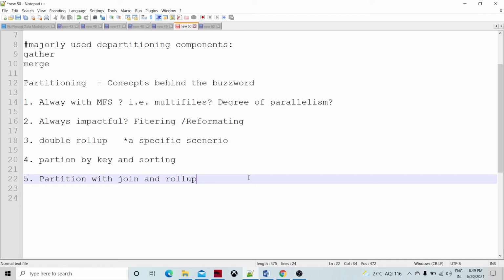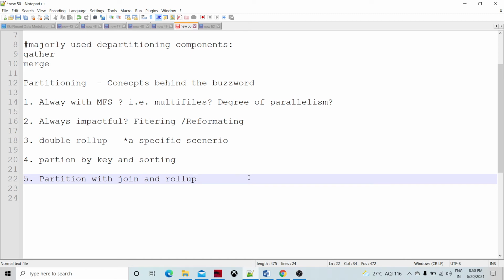So we do partition by key and sort, or maybe just partition by key, and then feed into the join component and the rollup component, and the processing happens in parallel and in an isolated manner.